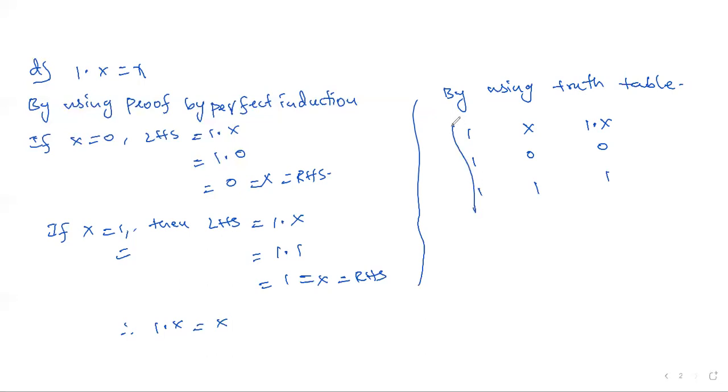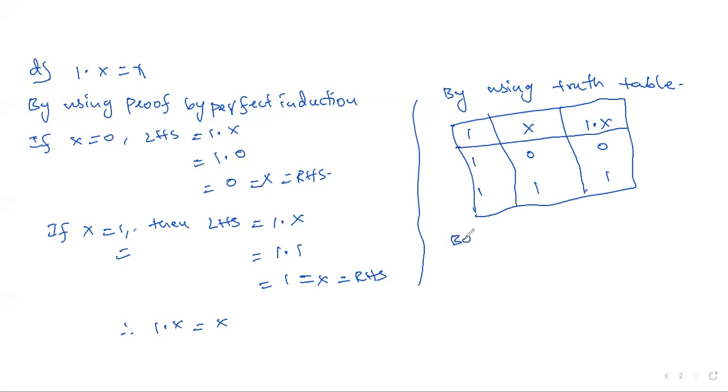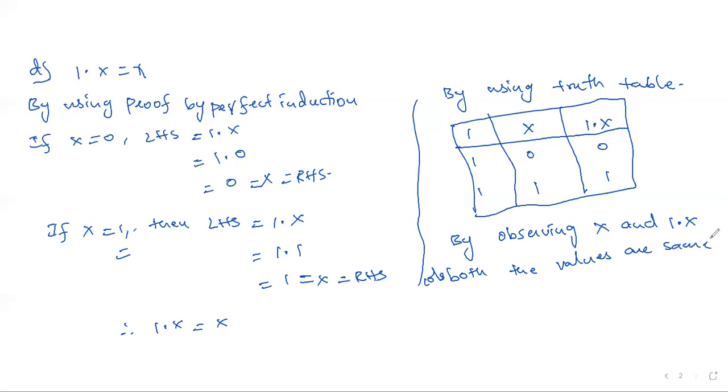By observing the columns of x and 1 and x, both values are the same. Therefore 1 and x will be x.